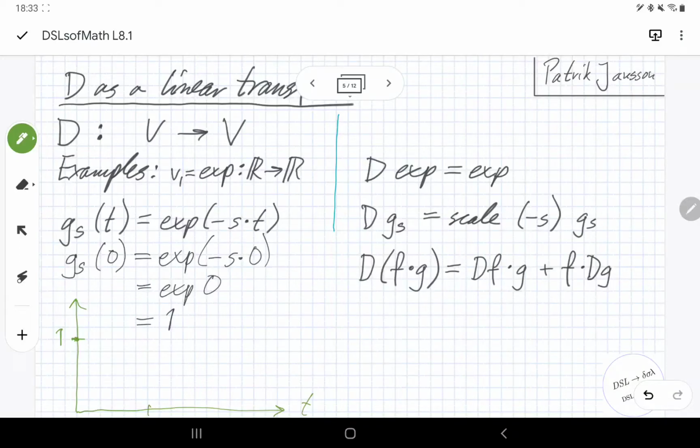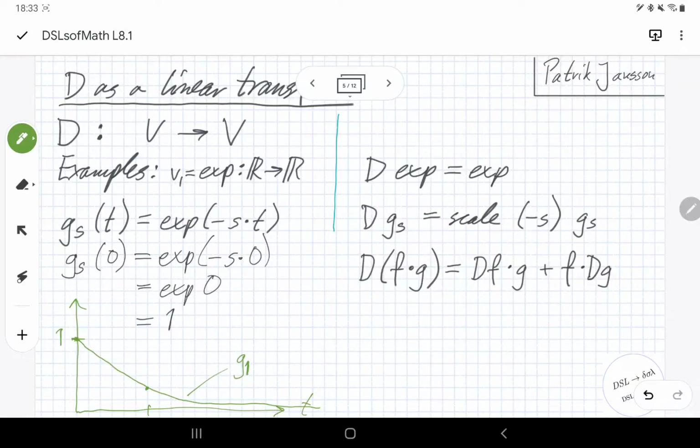If s is 1, then this should decay to 1 over e, which is somewhere between a half and a third. So somewhere here. Let me draw a curve which looks reasonably like an exponential function. So this function here is probably g1.